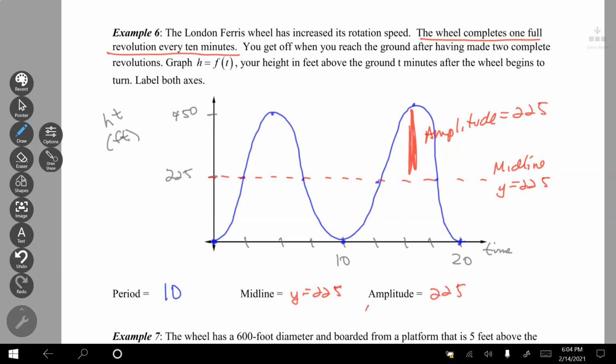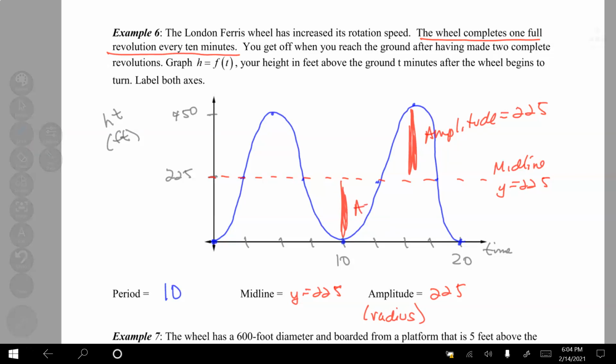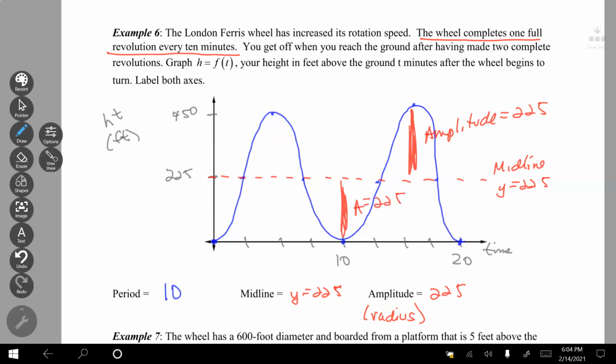But the amplitude will always be the radius of a Ferris wheel. The midline may or may not. It will be when the minimum is at 0. But when we have this one, the amplitude will always be the radius because I can go this way. And this amplitude here is also 225 because it's right in the middle.